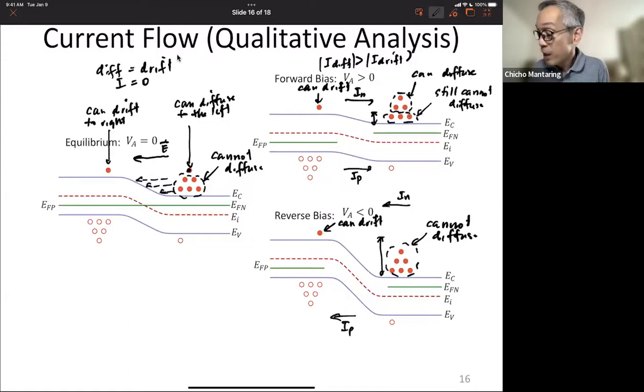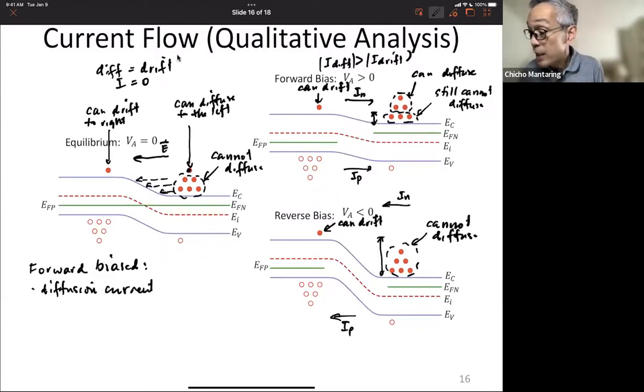Okay, so when it's forward biased, you have a diffusion current. Okay, and the direction is from left to right.